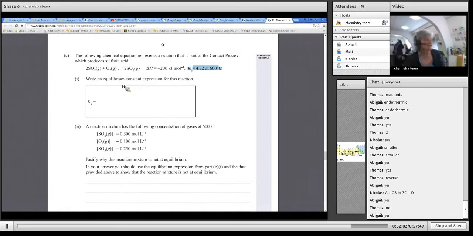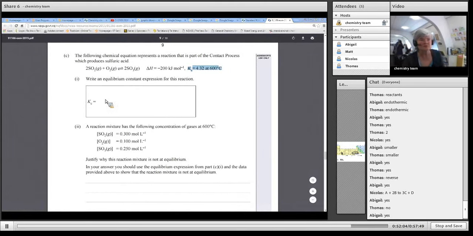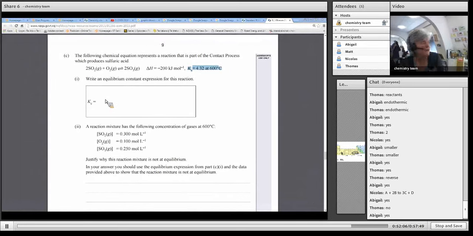Okay, so let's just work this out, because we've only got about 5 minutes remaining. If we did the Kc expression, would you get SO3 squared over SO2 squared times O2? Remember it's multiplied together, not added together.